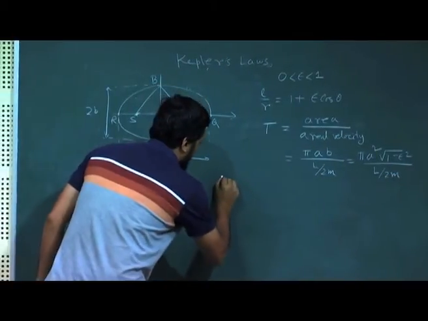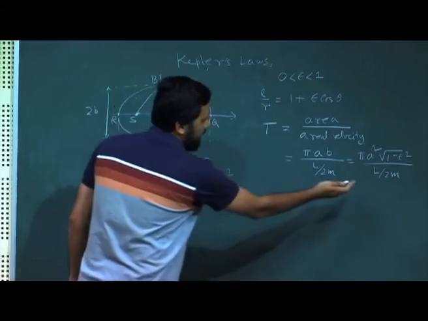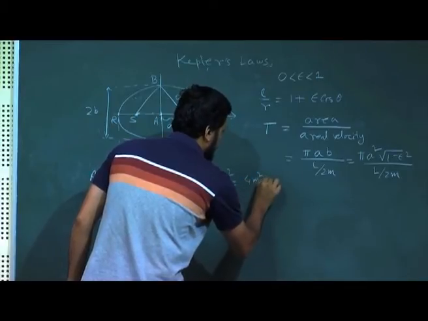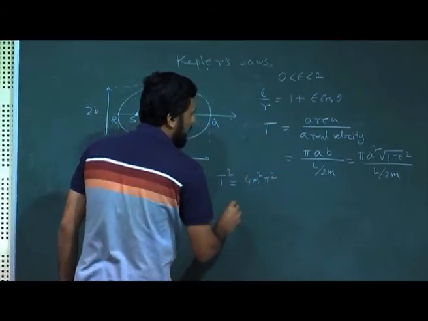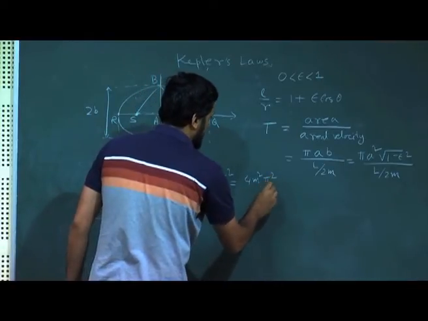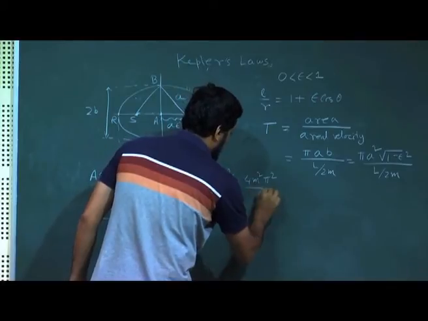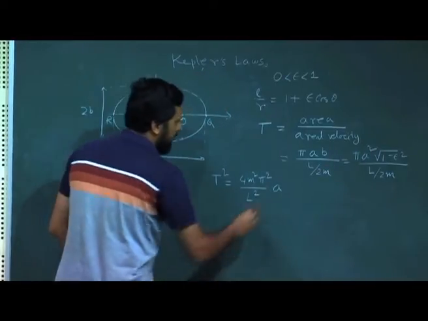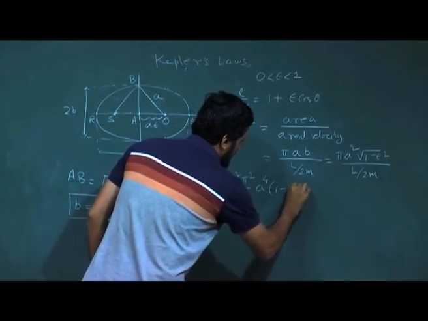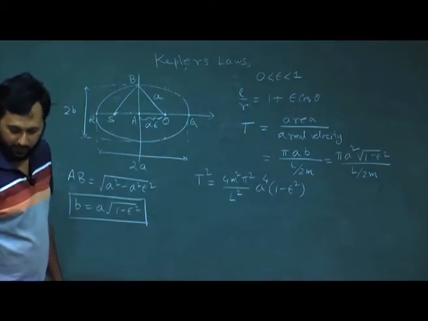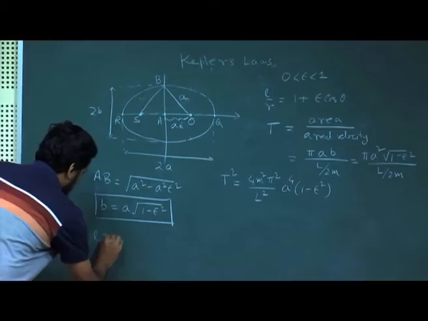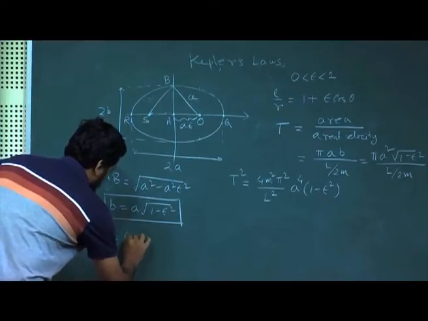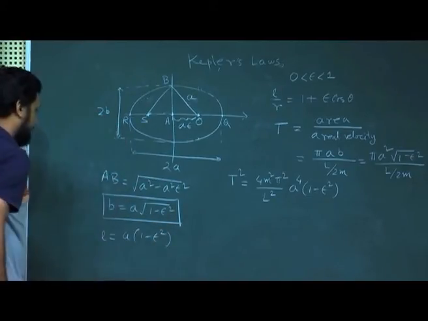So, T square is equal to, and we have to rearrange slightly, T square equal to 4 m square pi square by L square, A to the power 4 into 1 minus epsilon square. So, what we can do is use the relation that we have derived already, L is equal to A times 1 minus epsilon square, right.